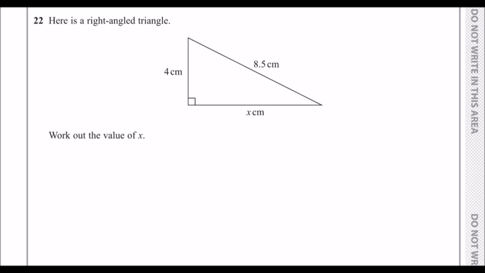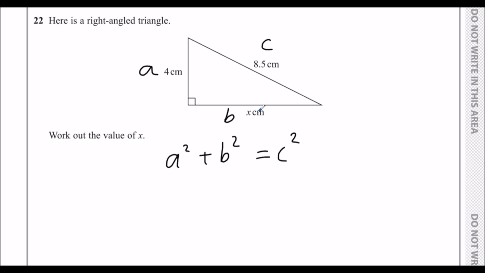Question 22. Here is a right angled triangle. Work out the value of x. So when we've got 2 known lengths and an unknown in a right angled triangle, we can use Pythagoras. Pythagoras' theorem says a squared plus b squared equals c squared. The two short sides squared and added together equals the long side squared.